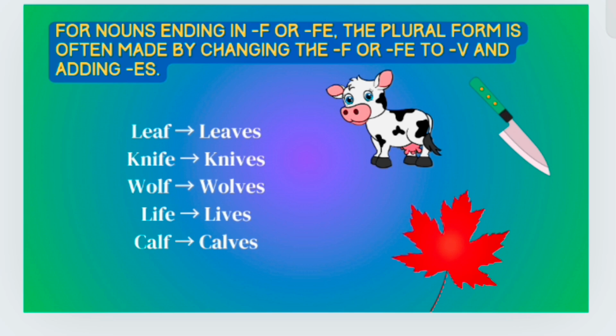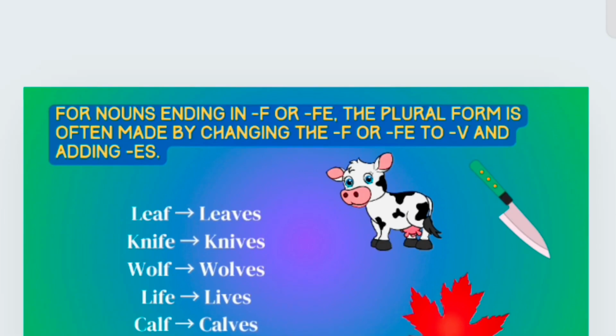So leaf becomes leaves. Another example, W-O-L-F, wolf. The word ends with F. We remove the letter F, replace it with V, and then we add ES. So wolf becomes wolves. Now we take the third example. Knife, K-N-I-F-E. The K is silent. This particular word ends with the letters F-E.